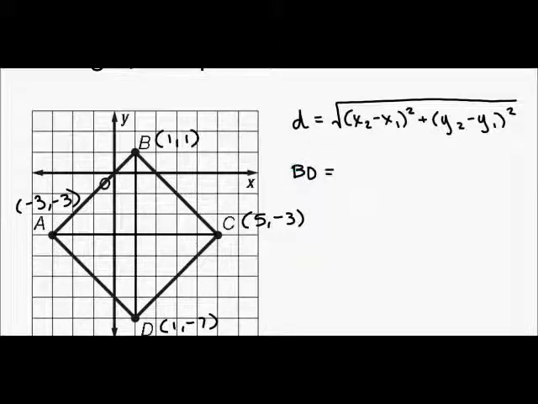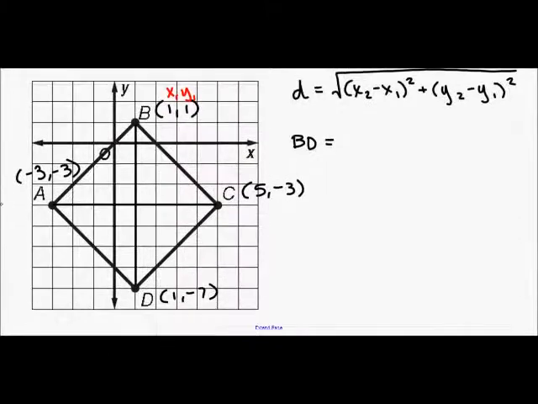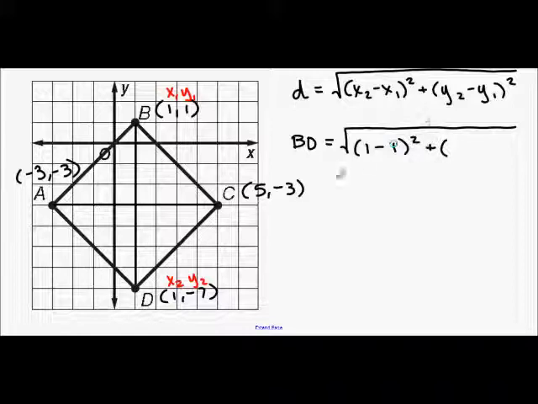I'm going to label x1, y1, x2, y2. So square root of (x2 is 1 minus x1 is 1) squared plus (y2 is -7 minus y1 is 1) squared.